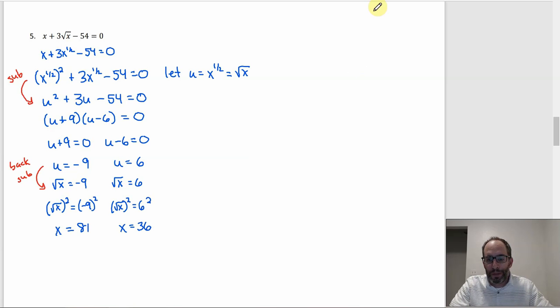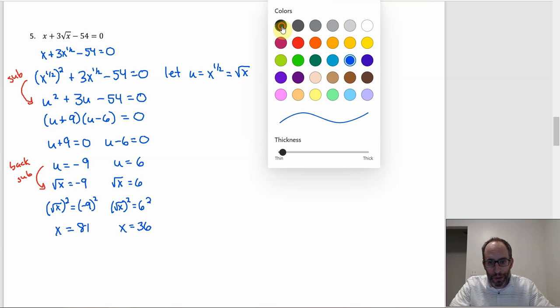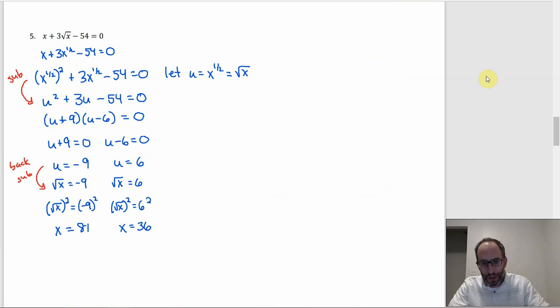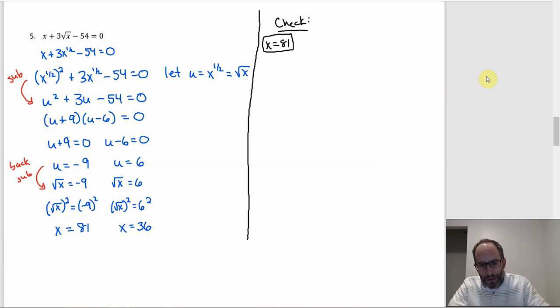Okay. And then we're going to check them, just like we've been doing. And I think I can put a little barrier over here. All right, so for the check, for the first one, which is that x is 81. All right, if I sub in, I'm going to have 81 plus 3 times the square root of 81 minus 54. But the convention is when you have a square root like that, you would take the positive square root.